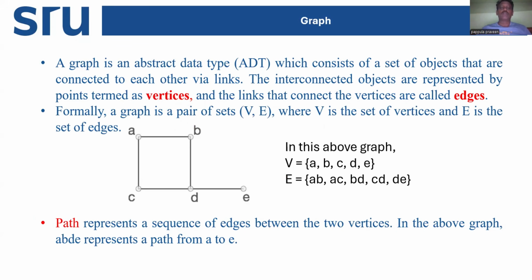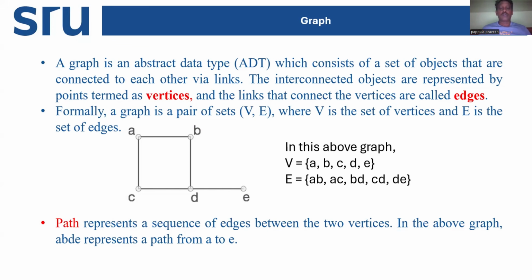A graph is an abstract data type which consists of a set of vertices and edges. It consists of a set of objects that are connected to each other via links. The interconnected objects are represented by points termed vertices, and the links that connect the vertices are called edges.